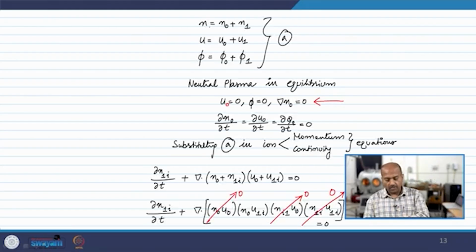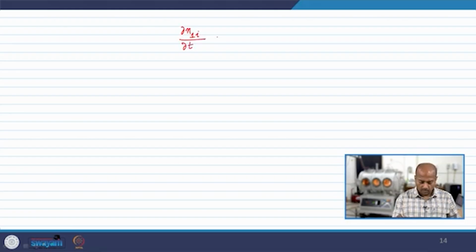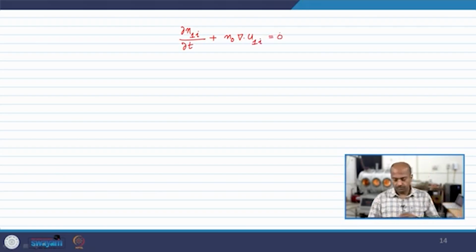Okay. So, using this in combination, we have only one term out of the 4 terms that are appearing in the continuity equation, the second term, N0 U1i. Okay, we will write dou N1i by dou t plus N0 times del dot U1i is equal to 0.